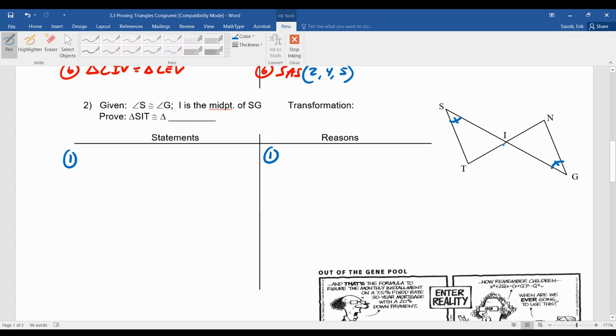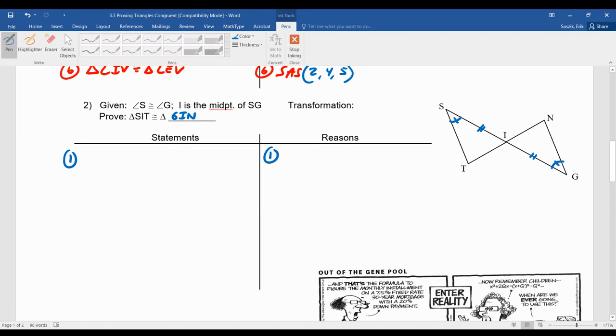It does not mean I is the midpoint of TN, at least not initially. So let me mark those. Now to prove, you can probably guess we're going to prove triangle SIT congruent to triangle GIN. So let's fill that in. And I'm not going to worry about this transformation business right now.